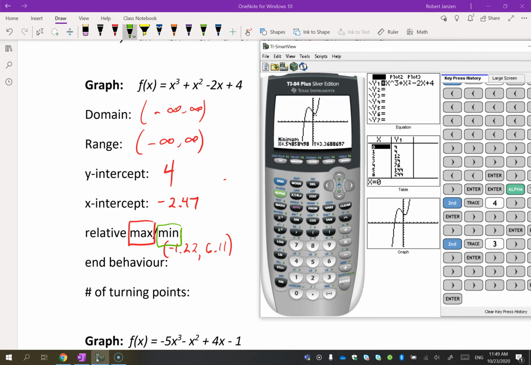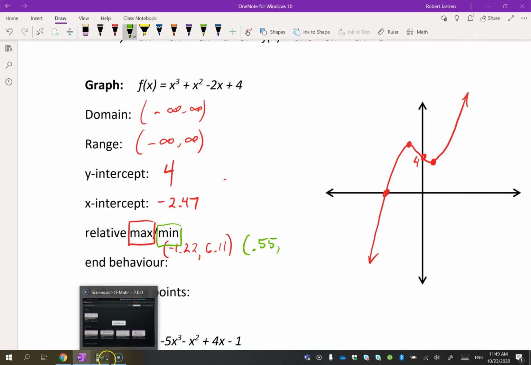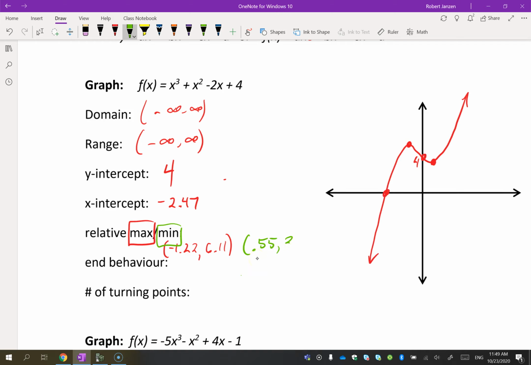And my minimum is at 0.55, 3.37. Okay, so I'm writing it as a point, but it would probably be more appropriate to say, sorry, the minimum is 3.37, and the max is 6.11.